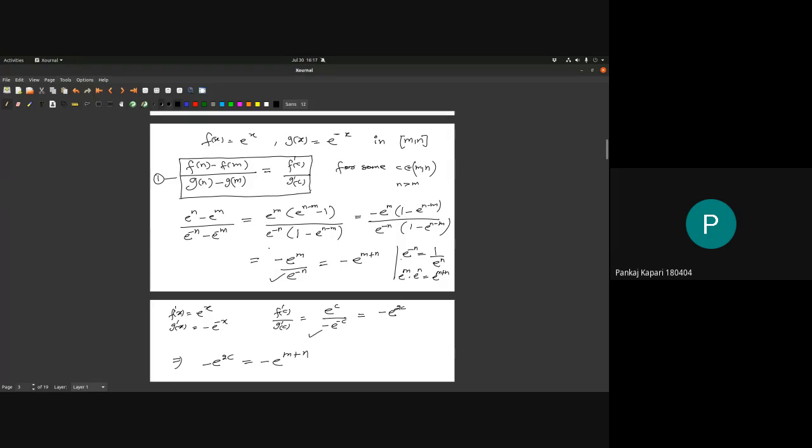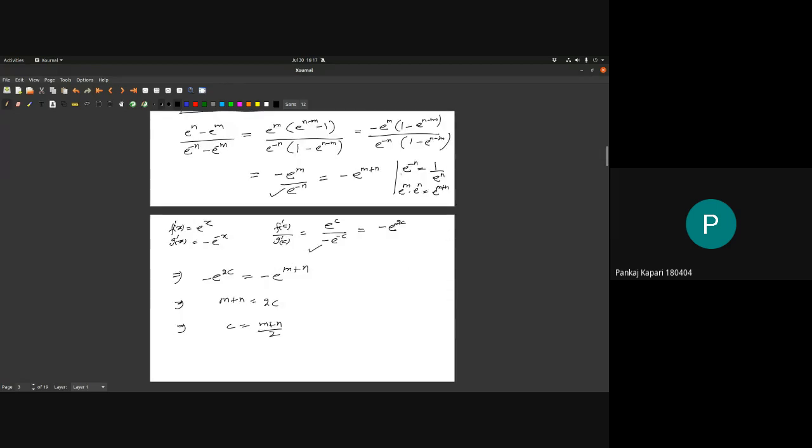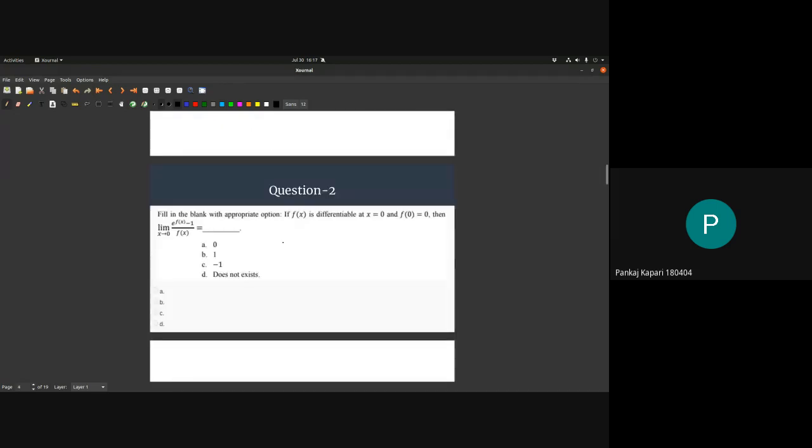We have discussed one problem related to mean value theorems, in particular Cauchy's mean value theorem, and now we'll evaluate some limit. In the second problem, we have to evaluate the limit of this function at x tends to 0.